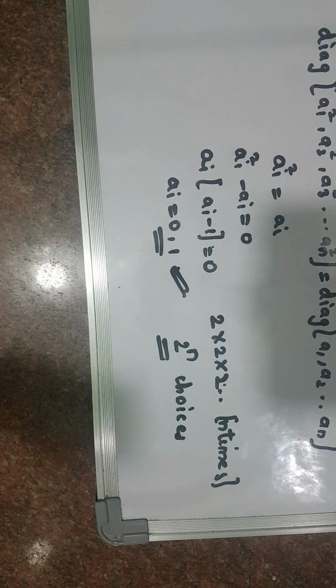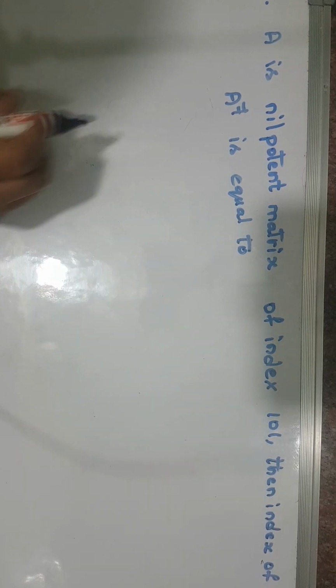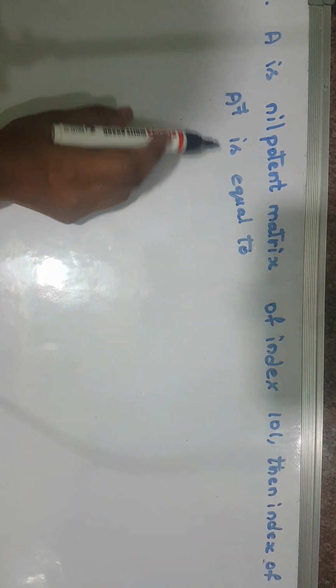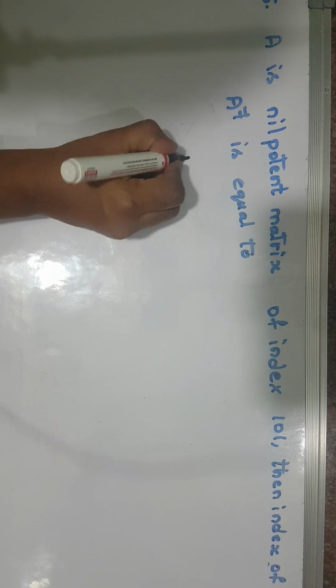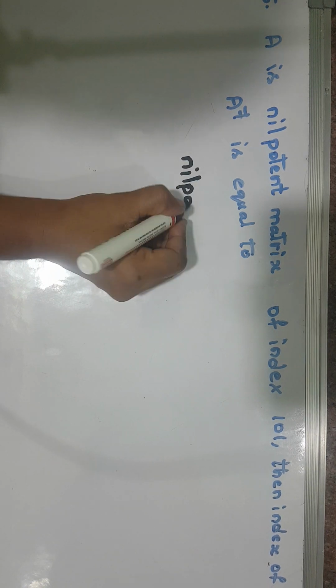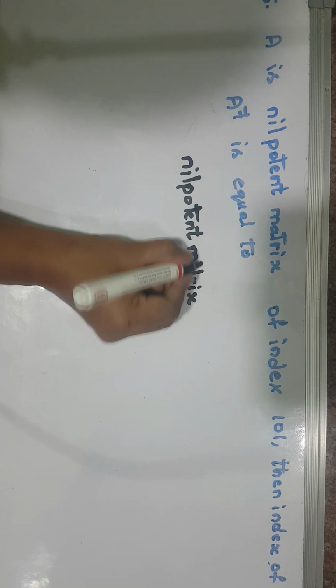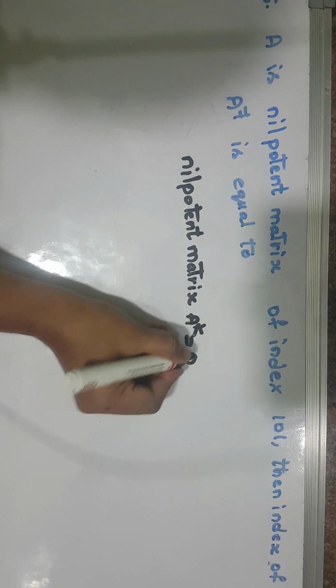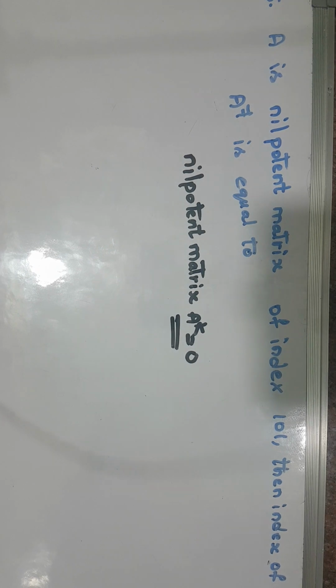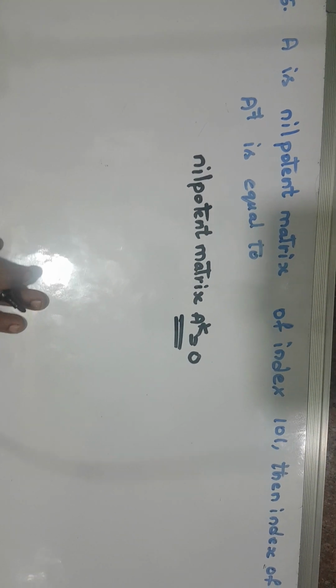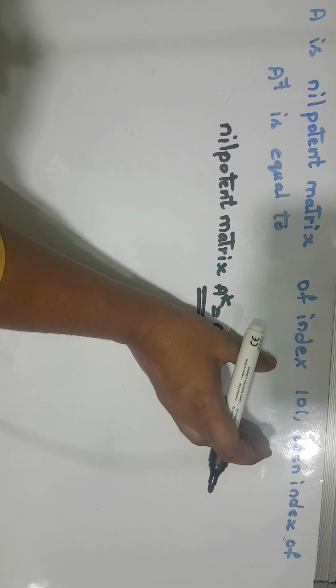Okay, now coming to another question. Given A is a nilpotent matrix of index 101, then the index of A power 7 is? Nilpotent matrix means A power k equals 0. Here the index is 101.